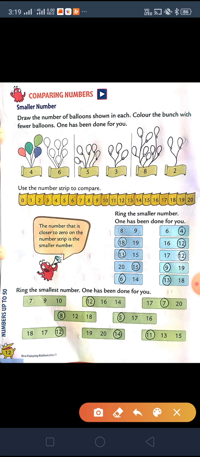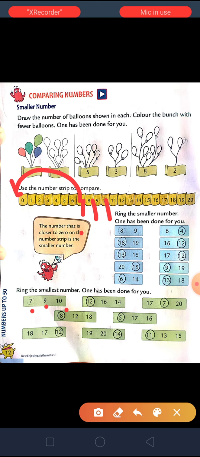Now here you can see 7, 9 and 10. Which number is closer to 0 from this? Here is 7, here is 9 and here is 10. Compared to these, 7 is closer to 0. So 7 is the smallest number.